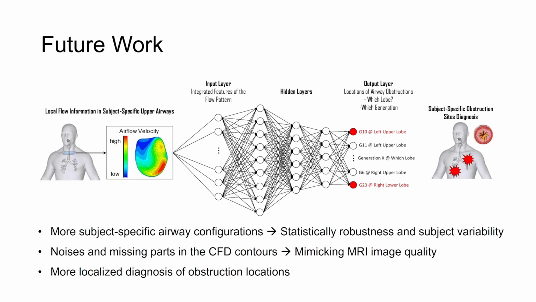We also want to refine the algorithm to not only detect obstruction locations in the left, right, or both lungs, but to be more specific, so that in the future the algorithm can tell us in which lung lobe and in which generation those obstructions are located.